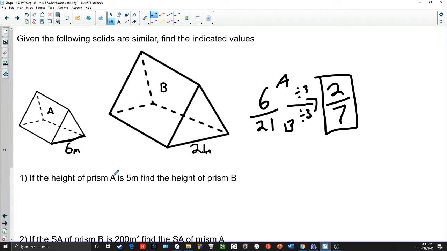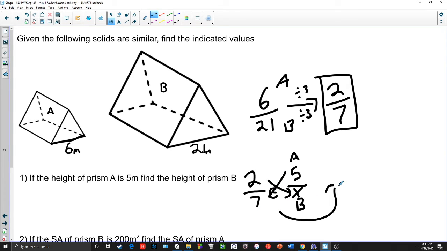So it says the height of prism A is 5 meters. Find the height of prism B. So the height of prism, let me write my scale factor first. So 2 out of 7. Now this is A to B, so this fraction here also has to be A to B. So the height of prism A is 5 meters, 5. Find the height of prism B. So find it means I don't know it, so it'd be x. So then we just cross multiply.